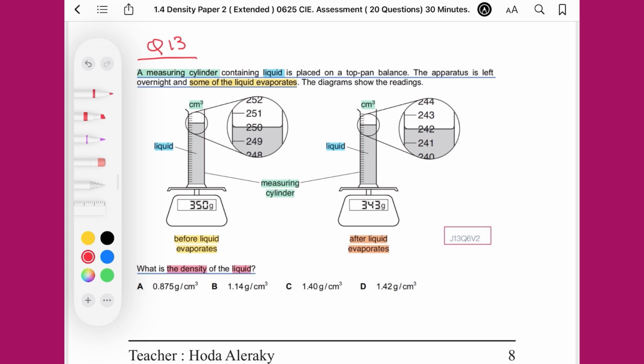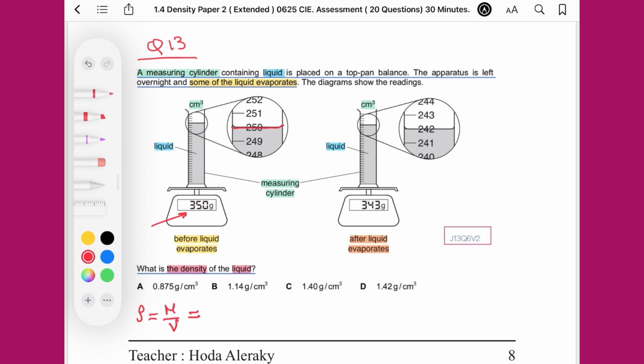One of the common mistakes: you have here the mass, and the reading of the measuring cylinder will be the volume. Students directly substitute density equals mass divided by volume.